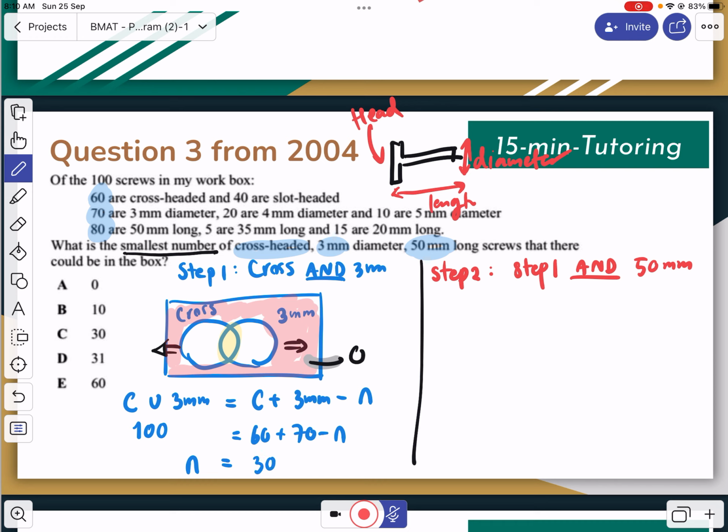So at the end of step 1, we conclude that there are 30 screws which are both cross-headed and 3mm, and those are screws that pass the first round and go to a second round, a second step.